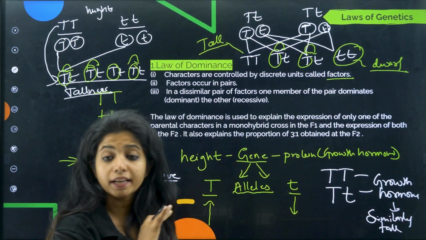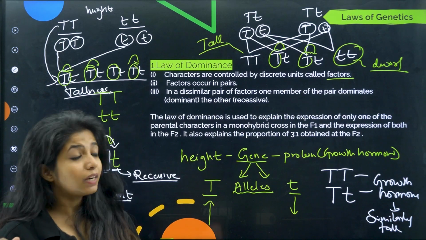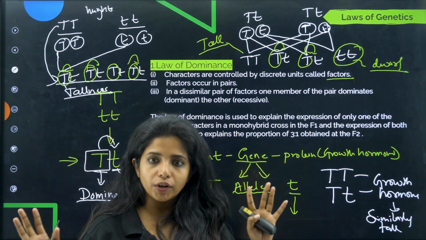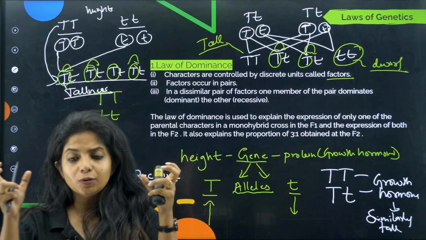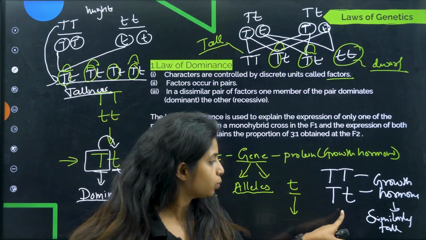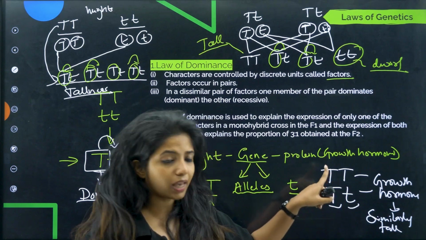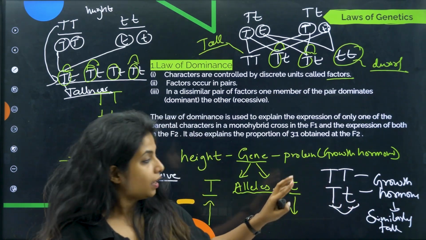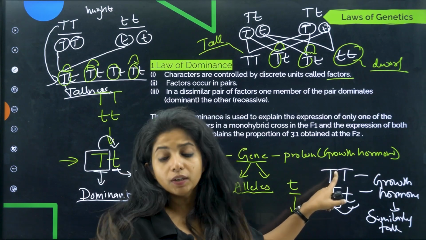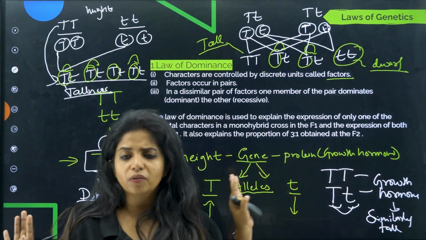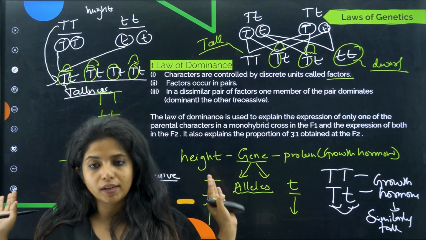He said blending is not there. So that was the second law that he put, the law of segregation, according to which the alleles, when they come together, do not blend together. They just show their character. This one will show its character, and that one will show its character. Whichever one is dominant will overshadow the other. And according to him, whether it was homozygous or heterozygous tall, both were producing the same amount of growth hormone, which is why they are similarly tall as well.